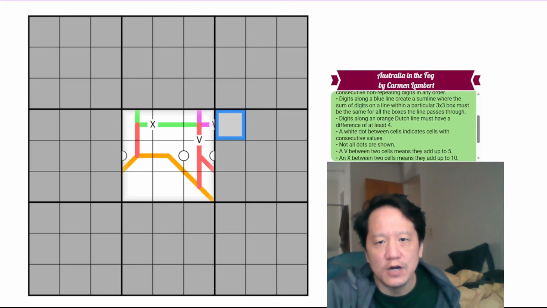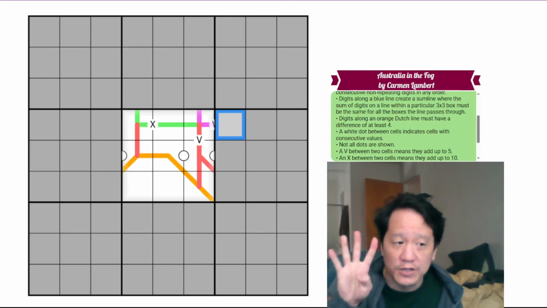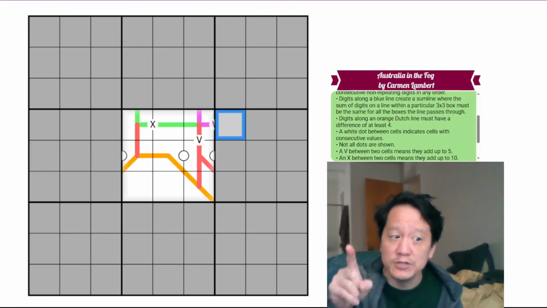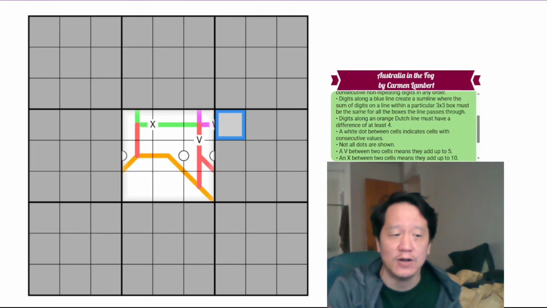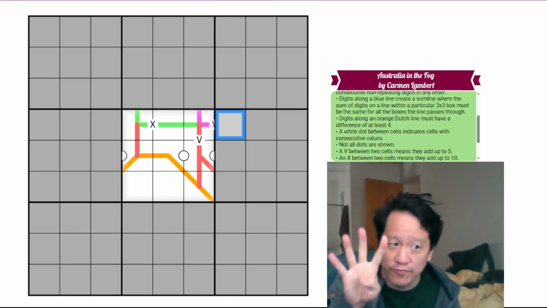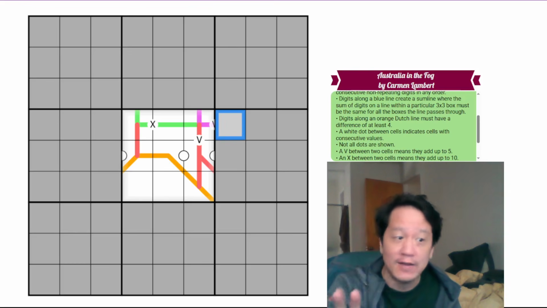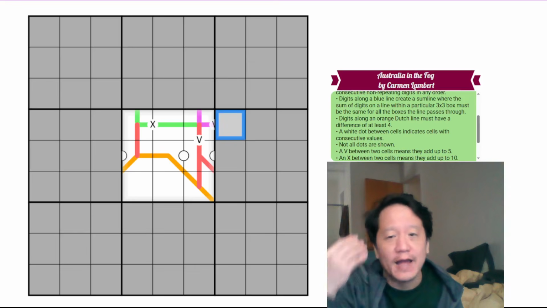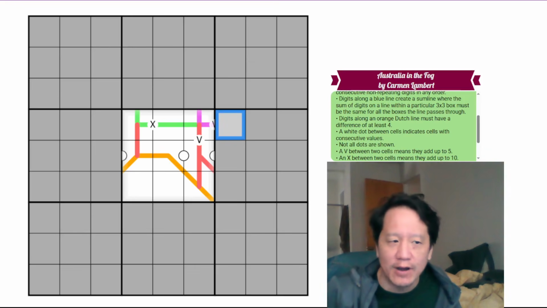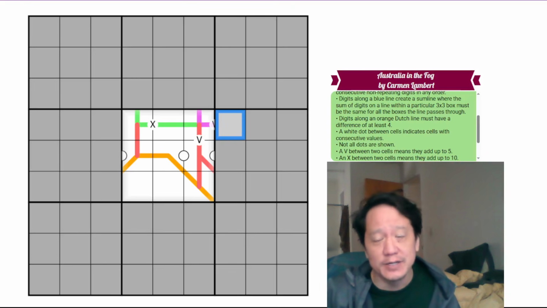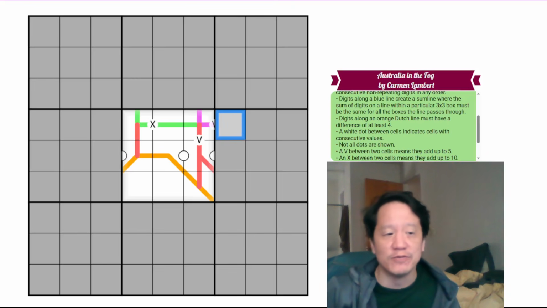So that's an example of how region sum lines work. Digits along an orange Dutch line must have a difference of at least 4, and I call these whisper 4 lines. Notice the extensibility here. You can extend this to whisper 4, whisper 5, whisper 3, whisper 6, however you want it, right? I don't know how extendable Dutch lines are, but people will just argue with me about that.